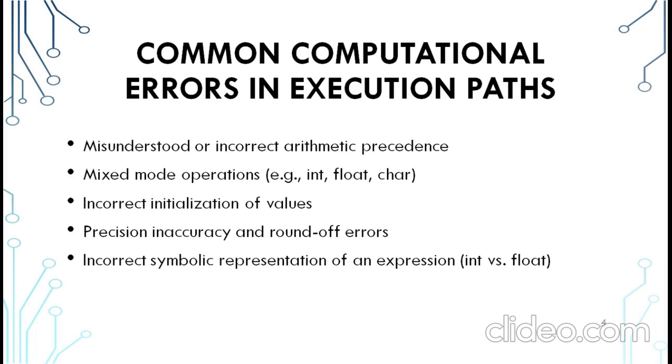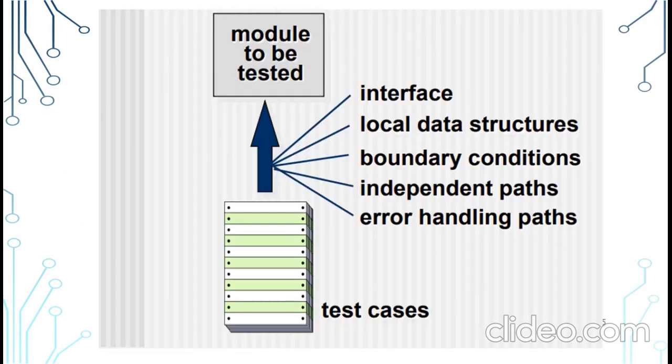Now, some of the common computational errors in execution paths are misunderstood or incorrect arithmetic precedence, mixed mode operations, incorrect initialization of the values, precision inaccuracy or round-off errors, and incorrect symbolic representation of an expression. So these are some of the common computational errors in the execution of the paths.